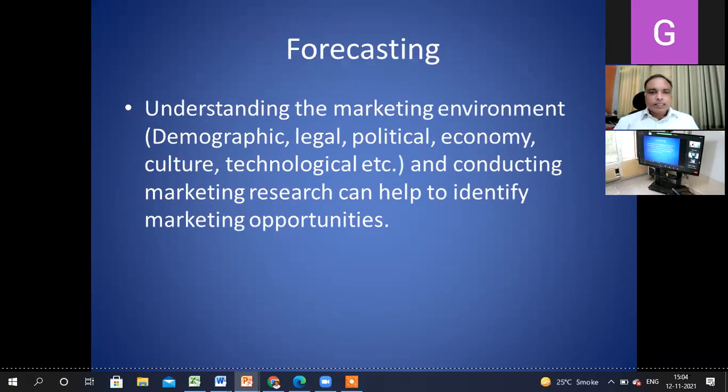Now, what is this forecasting? Forecasting is actually understanding the marketing environment. We have already discussed that the marketing environment consists of different factors, different variables. The first factor is demographic. For example, we discussed millennials, age, income group.